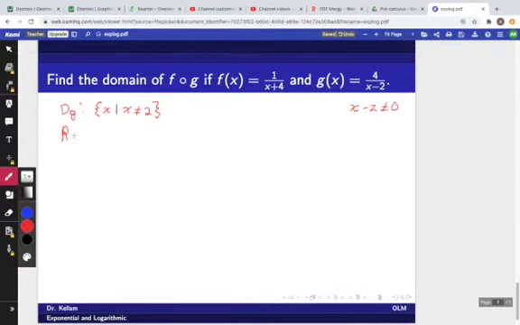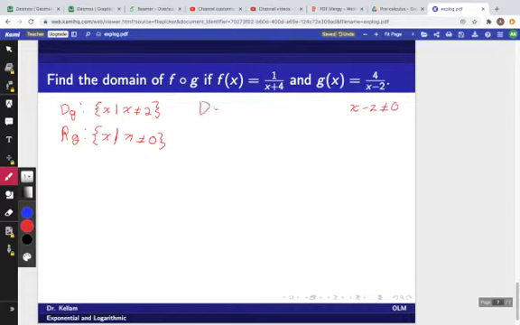The range of g: the only restriction we have is that this will never actually equal 0, so it's x such that x does not equal 0, because the numerator will never equal 0.